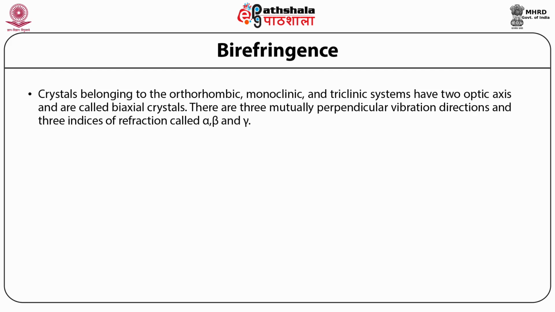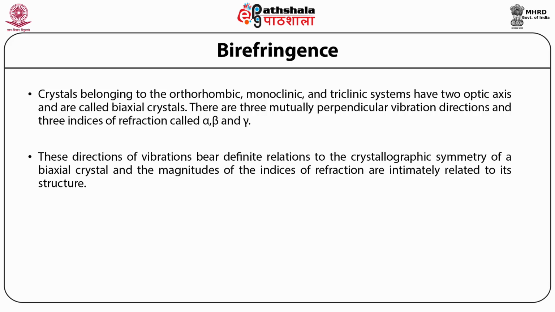Crystals belonging to the orthorhombic, monoclinic and triclinic systems have two optic axes and are called biaxial crystals. There are three mutually perpendicular vibration directions and three indices of refraction called alpha, beta and gamma. These directions of vibration bear definite relations to the crystallographic symmetry of a biaxial crystal, and the magnitudes of the indices of refraction are intimately related to its structure.